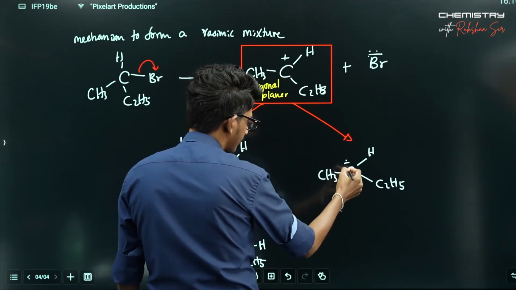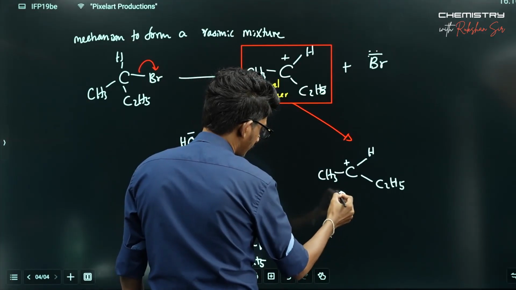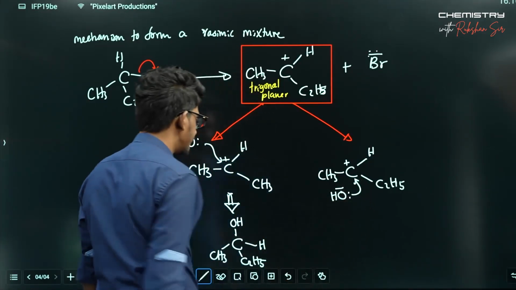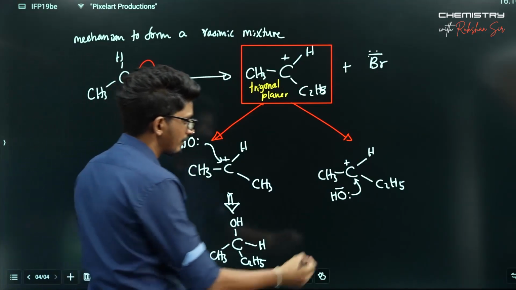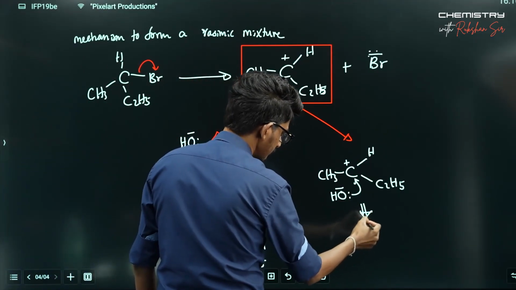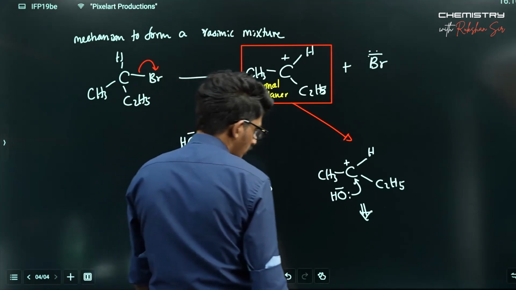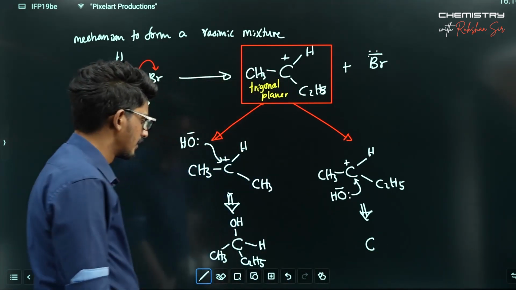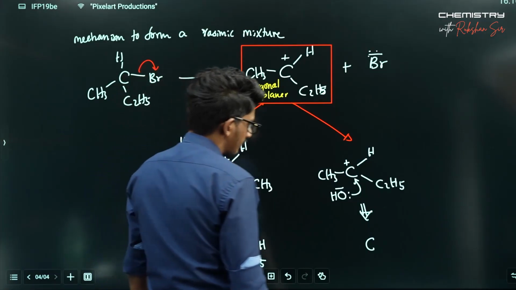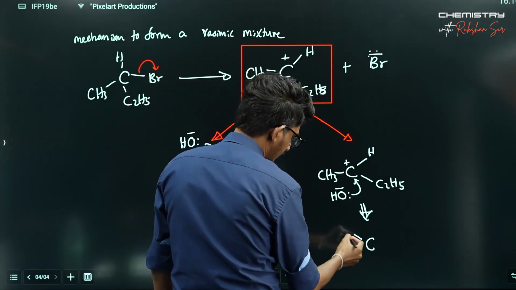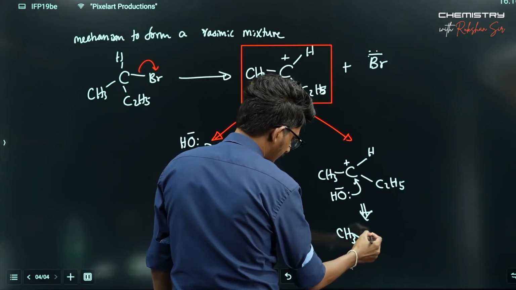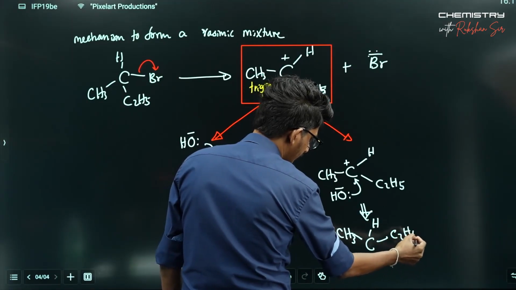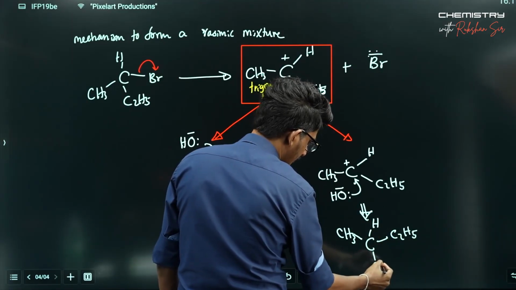From the bottom as well, right? Like this. So what will happen? You would produce something like this. CH3 comes here, this H, and this is C2H5, this is OH.